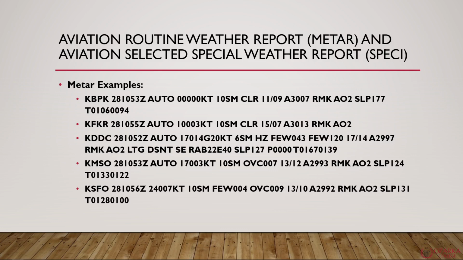The altimeter setting was 29.2. In the remarks, AO2, this is a precipitation discriminating weather station. Sea level pressure is 1,013.1 hectopascals. The actual temperature is 12.8 degrees Celsius, and the actual dew point is 10.0 degrees Celsius.